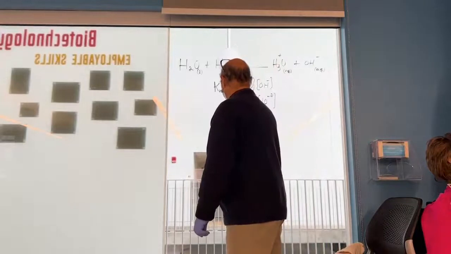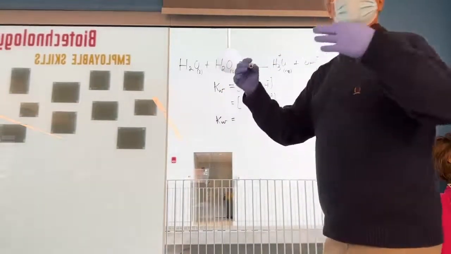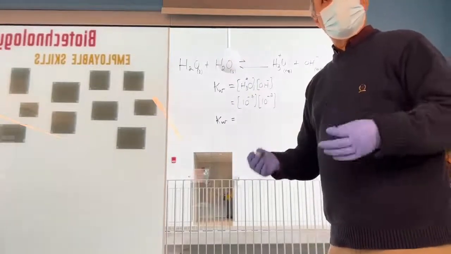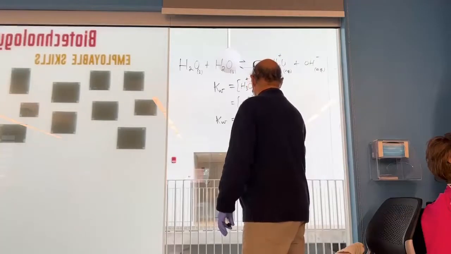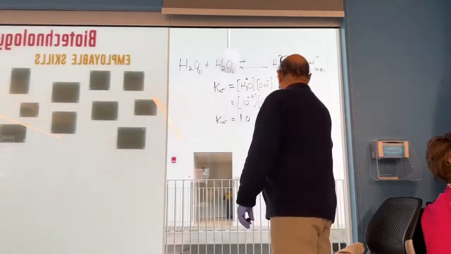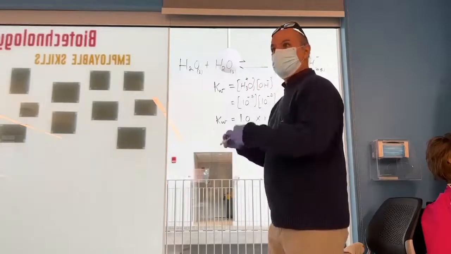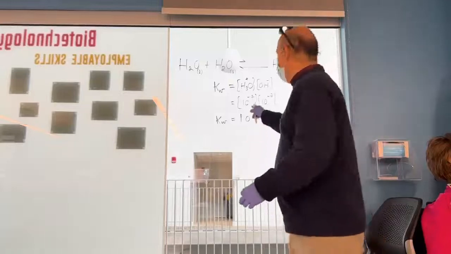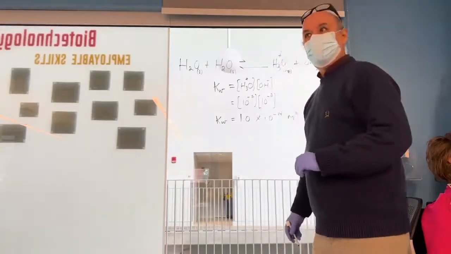Now, when you actually do that calculation, then you know the KW, which again is a constant. And I'm going to write the whole thing, 1.0 times 10 to the negative 14. And I can put the units, so it's going to be molar squared. These brackets imply molar, so I don't have to put molar, because the bracket implies the units, molar.